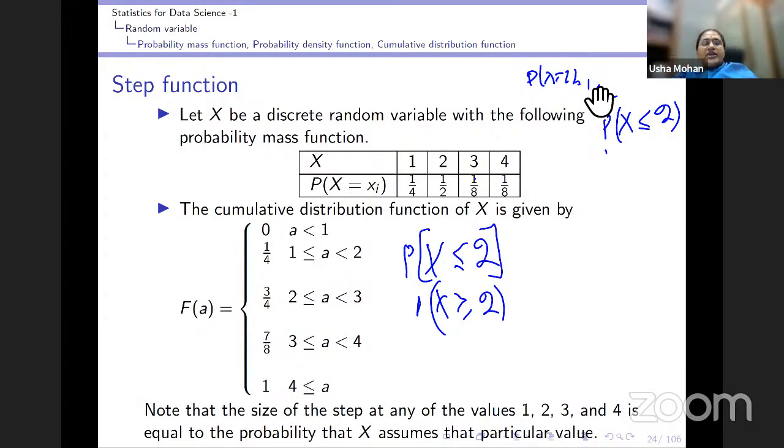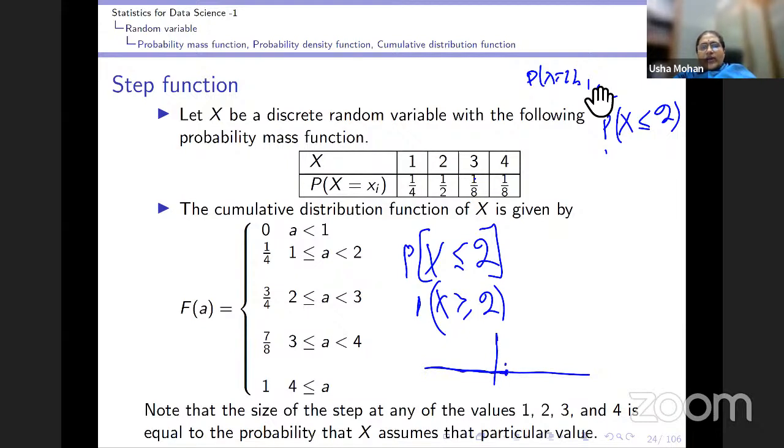For a cumulative distribution function, if A is less than 1, I do not have the probabilities defined, so it takes the value 0. For 1 less than or equal to A less than 2, it will take the value 1/4. So I can plot it this way. Till A takes the value 1, it remains 0.